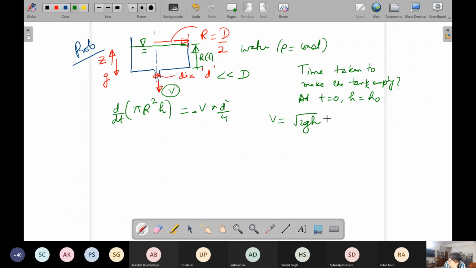Do you agree with this, or have you learned something different? Yes, sir. This was used. This is actually a very famous equation introduced in some different context by Torricelli.